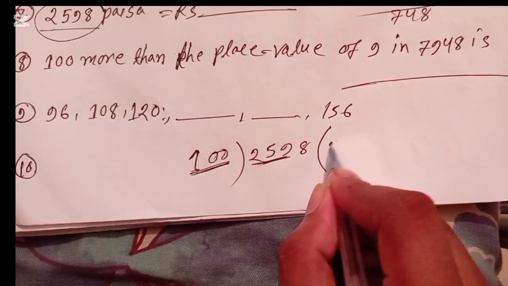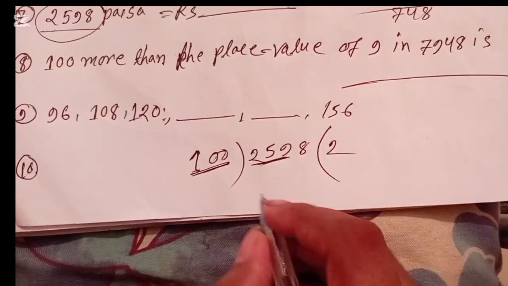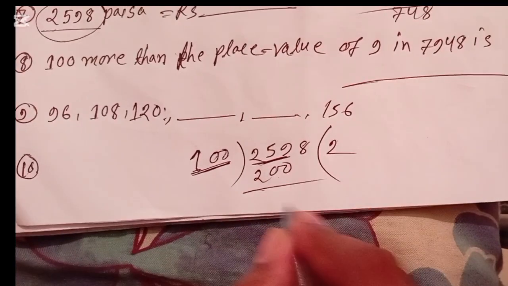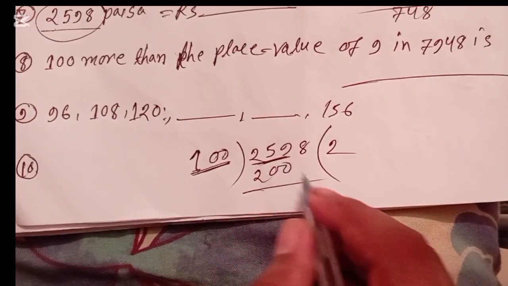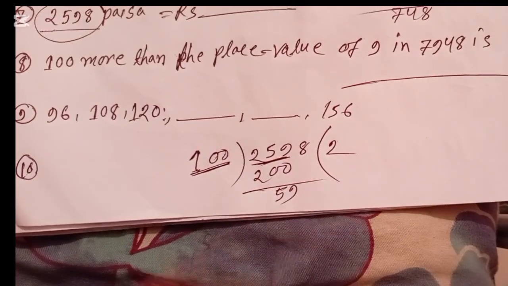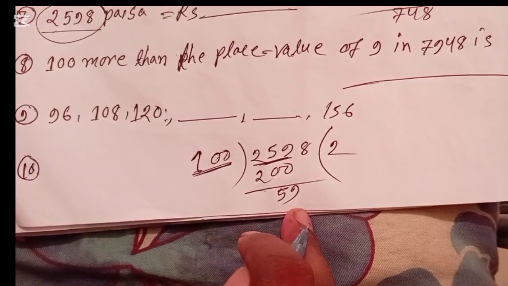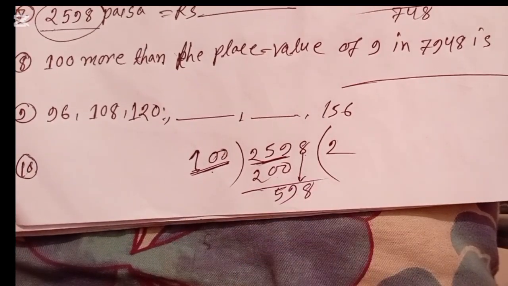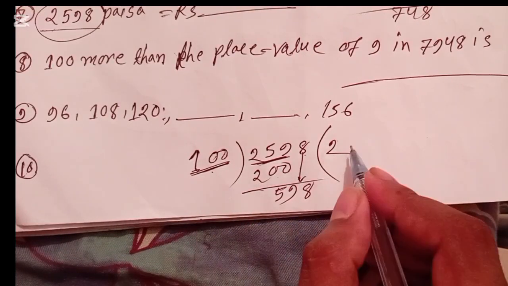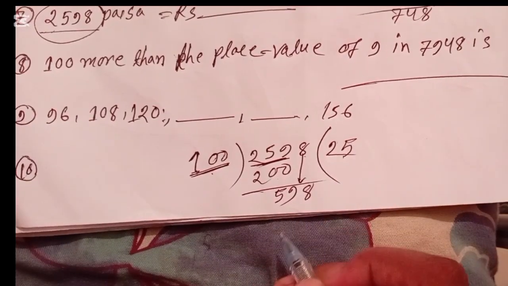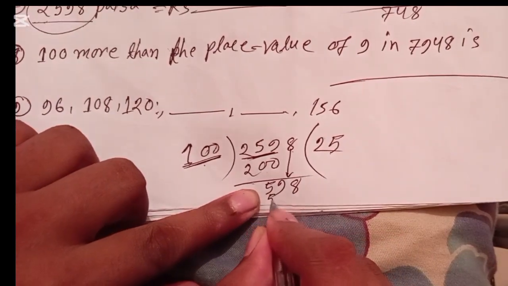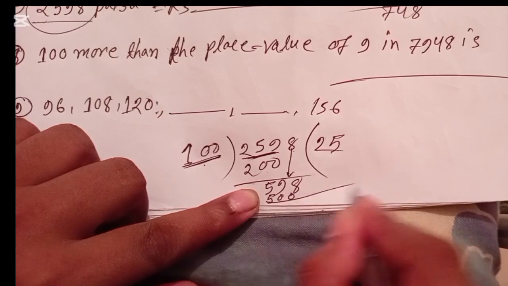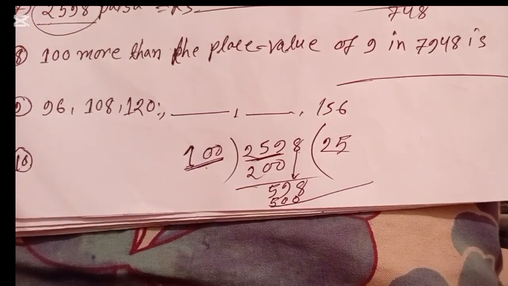That's why we have to put 2. So it will be 200. Then if we subtract, we get 59, but 59 is smaller than 100. So we have to bring down this 8. So now it's 598. So we put here 5. So it will be 500.